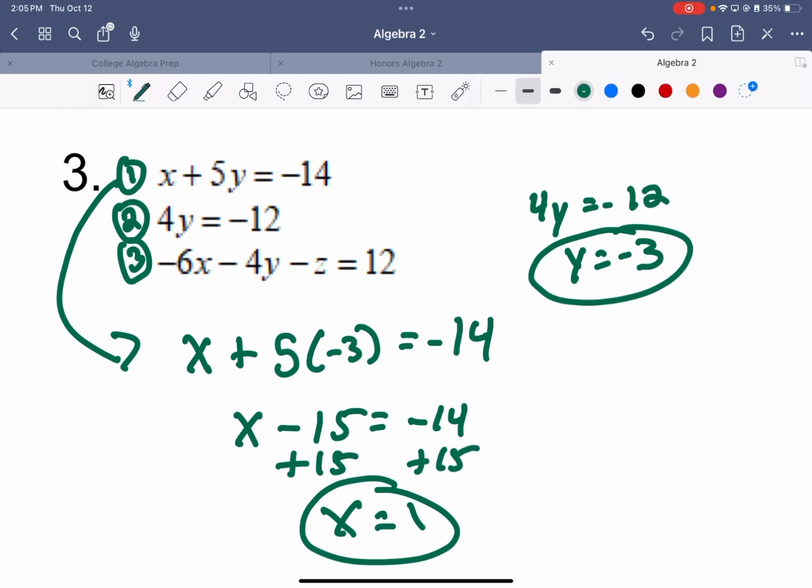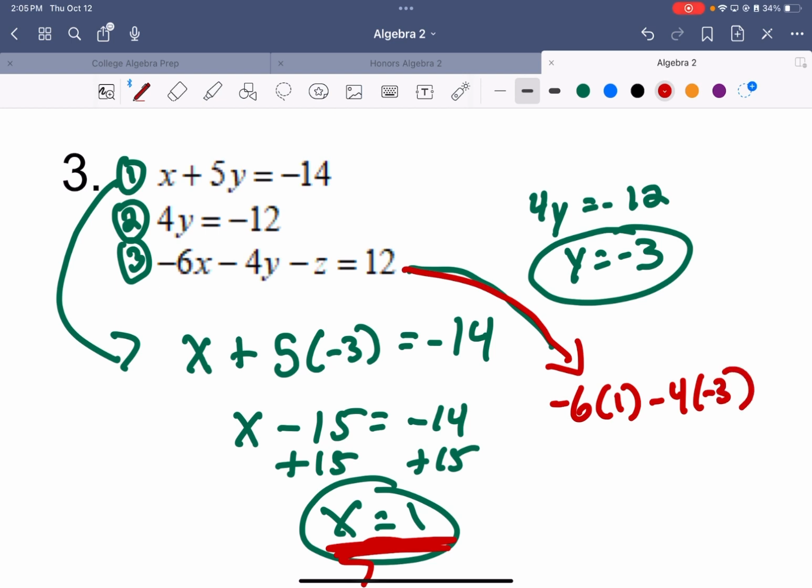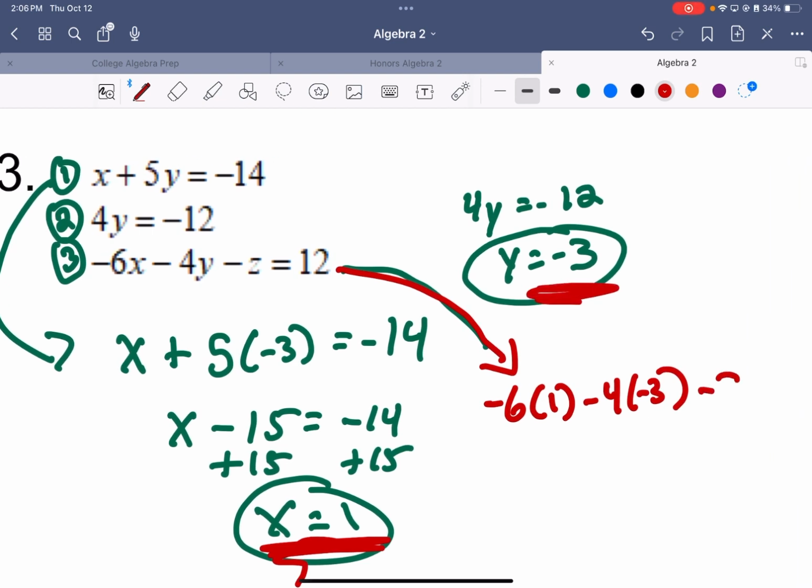So if we look at this one right here, that's going to be negative 6 times 1, because my x value is 1, minus 4 times negative 3, because my y value is negative 3, minus z equals 12. So negative 6 plus 12 minus z equals 12.